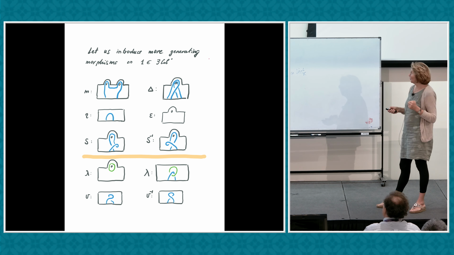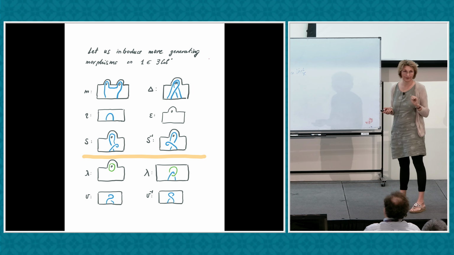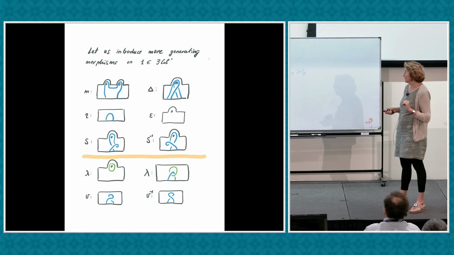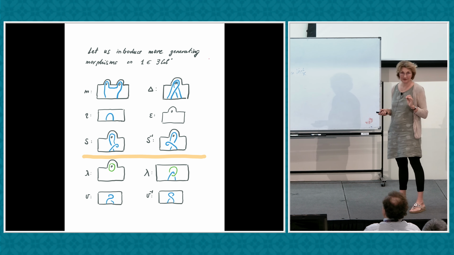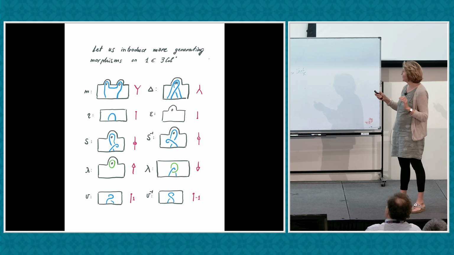And topologically, this green circle just means that I'm doing surgery on the circle. And you also need these Reidemeister morphisms, this V and V minus 1, which just look like this. So if you add these morphisms, I'm adding here the graphical notation in the algebra for all these morphisms.